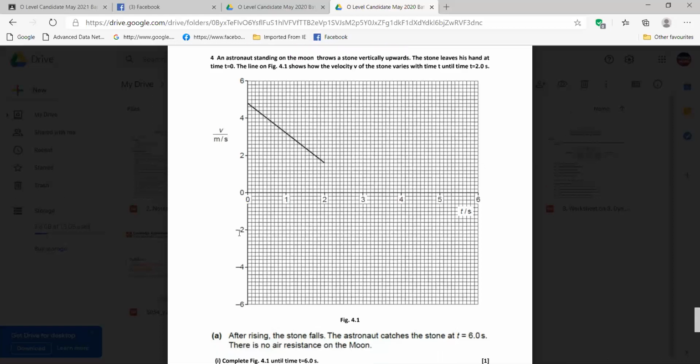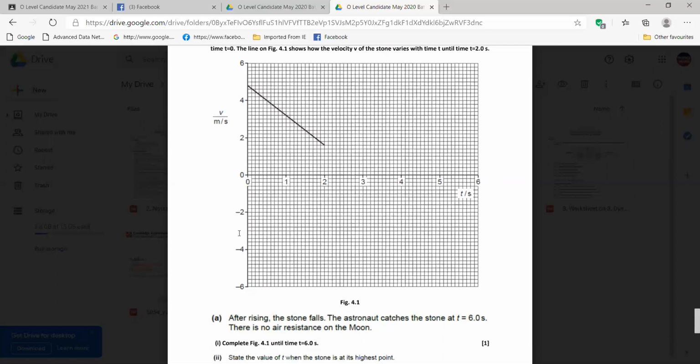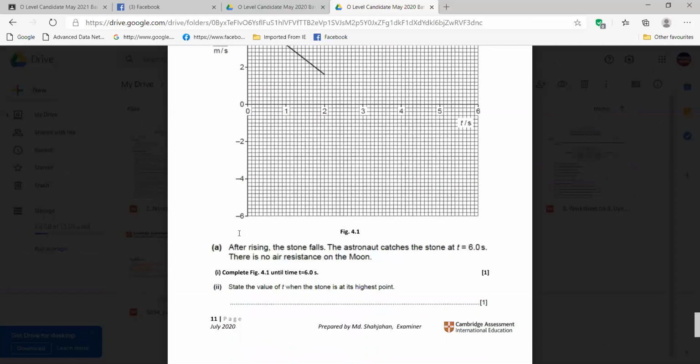It is shown until 2 seconds, right? Then, A: after rising, the stone falls. The astronaut catches the stone at t equals 6. There is no air resistance on the moon.